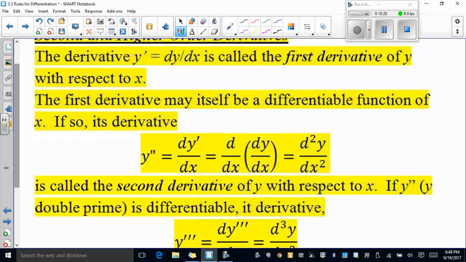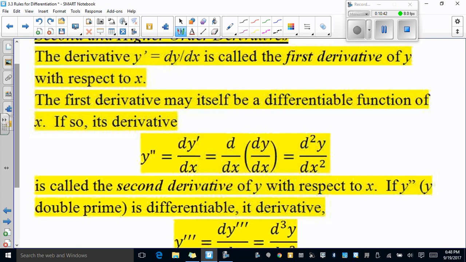So y double prime equals the derivative of dy/dx, equals d/dx times dy/dx, which is going to be d squared y over dx squared. This is the second derivative of y with respect to x.